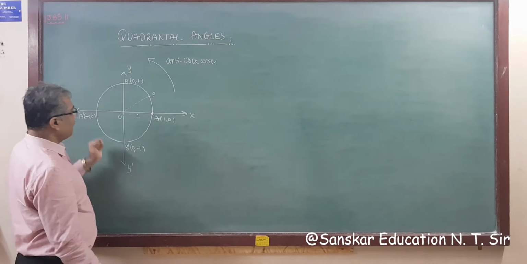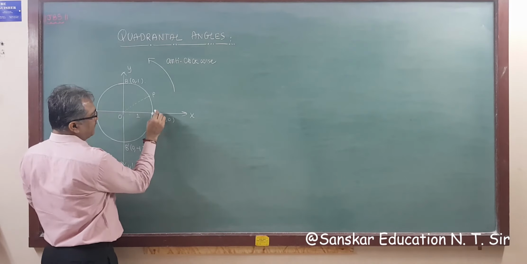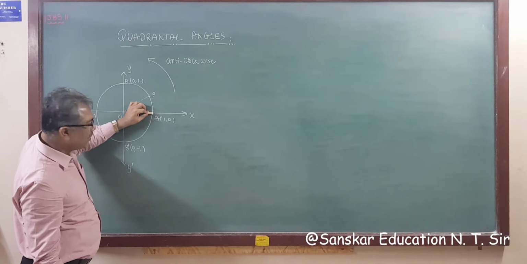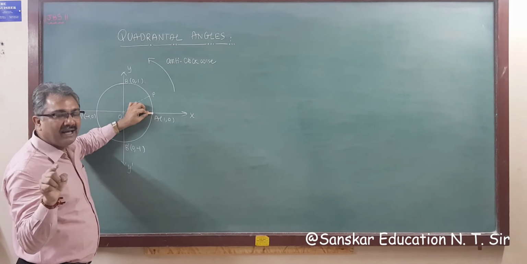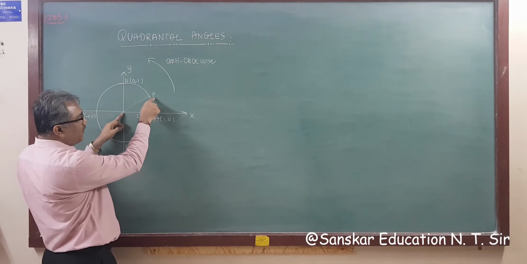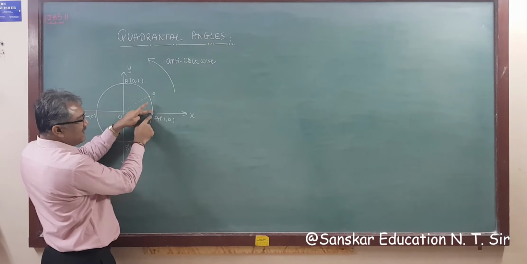So now suppose your P is here, that is OA, and P is also here, that is A is equal to P. At that time the length of the arc AP is 0.